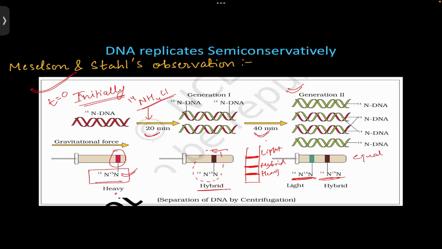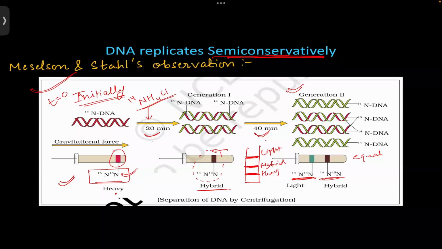Now, this result was only possible if the DNA is replicating in a semi-conservative manner, meaning the newly formed DNA molecule will contain one copy of the parental DNA molecule and one copy of the newly synthesized DNA molecule. Initially, the original DNA molecules contained only the N15 isotope.